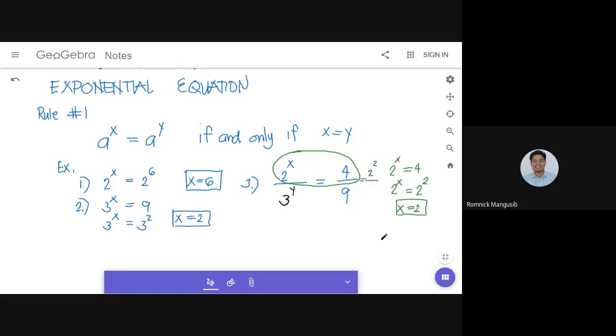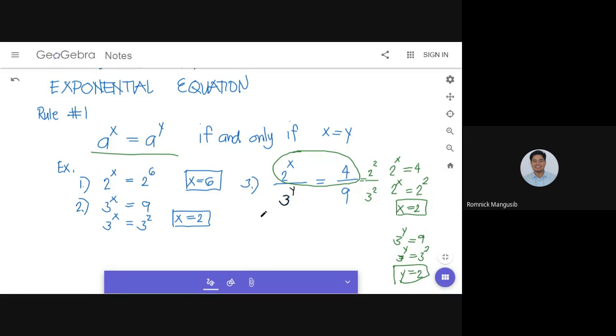What about kay 9? 3 raised to y is equal to 9. Dapat pareho daw sila. So, 3 raised to y is equal to 3 raised to 2. Therefore, y is equal to 2. So, rewrite 9 into 3 raised to 2. At bumalik ka lang din sa sinabi ng rule. Kung pareho ng base nyo, dapat pareho ng exponents.